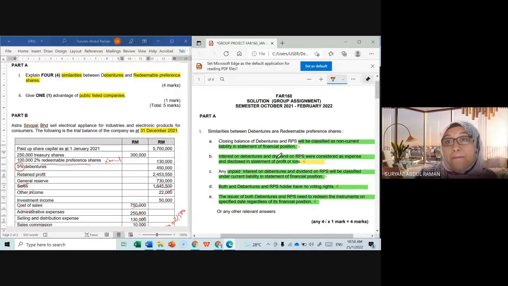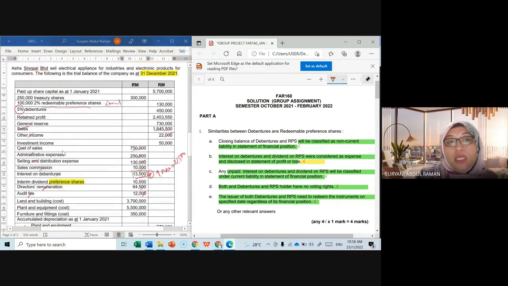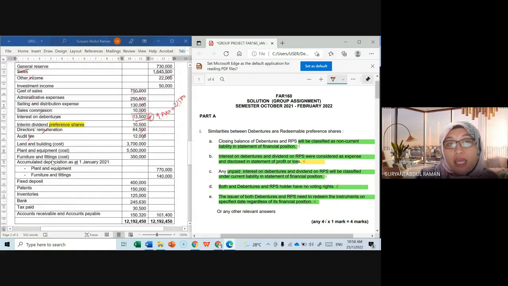Meaning to say that you have to pay it regardless of your performance. Whether you are doing good or not, you have to pay the return to these two creditor. So kalau kita go through balik dekat trial balance, kita tak nampak any interest or dividend on RPS. Tapi kita dah tahu since it is a debt, it is compulsory for company to pay dividend to the RPS because they are the creditor.